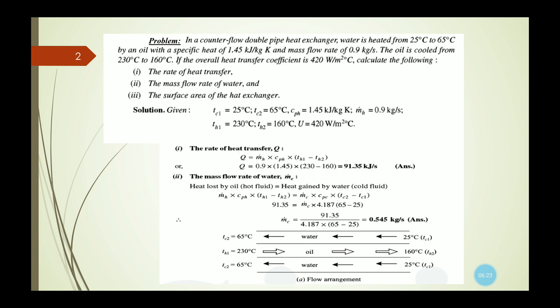Now putting all these values, we have calculated the mass flow rate of cold fluid, that is the water. It is coming as 0.545 kg per second. So this is the concept here to calculate the mass flow rate of the cold fluid.